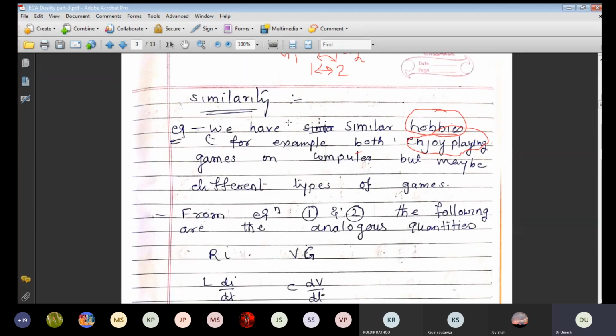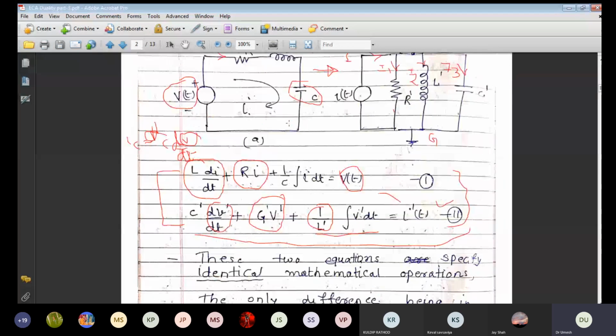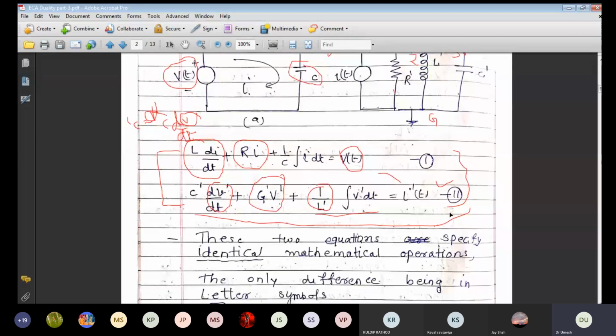Suppose I'm taking one more example that is very simple. Now in this equation, the format is the same, so I can replace some parameters. If I replace the parameters, these parameters are known as dual quantities.